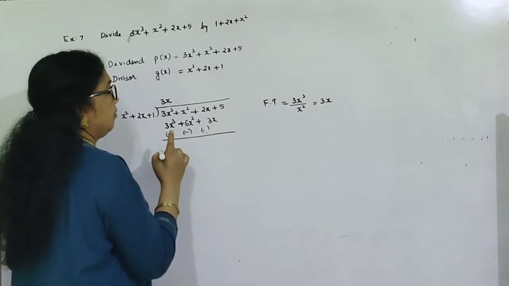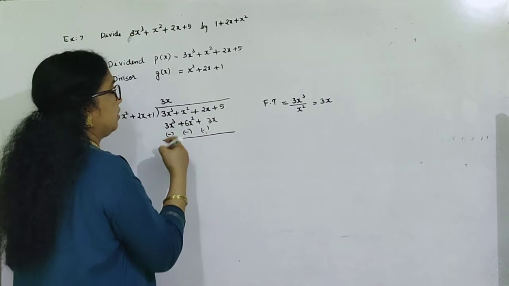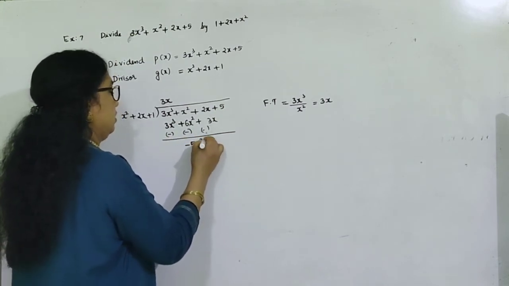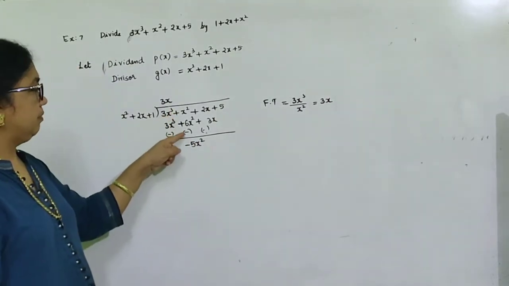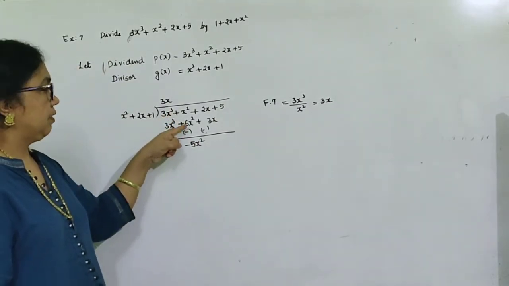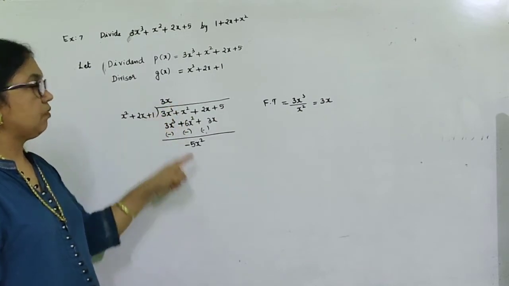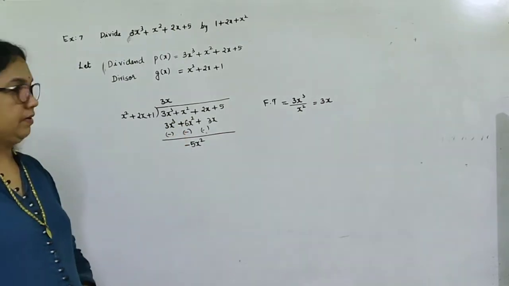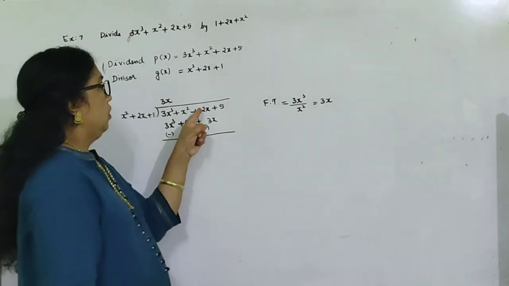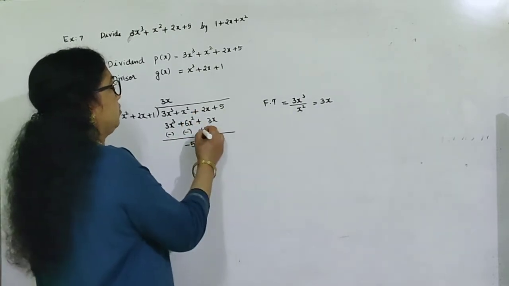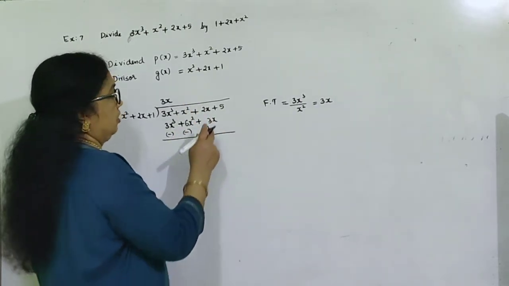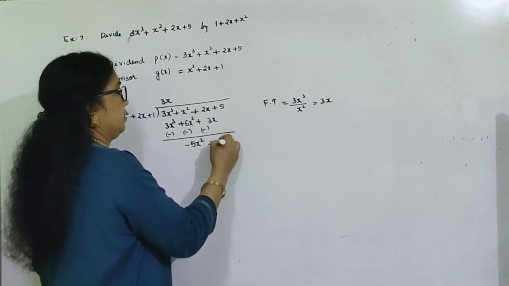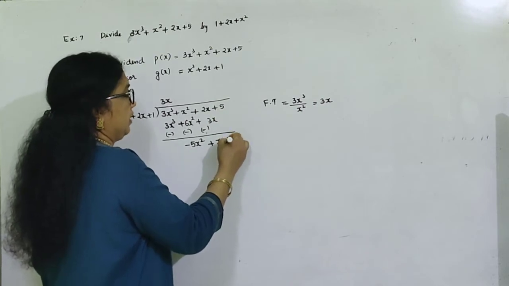Then you give the bigger number's sign. The bigger number is 5 only, its sign is minus, so minus 5x square. Now next, plus 2x minus 3x, the sign is minus. Different signs, subtraction: 3x minus 2x, 1x. The bigger number is plus, so plus x. Now one term remains, right here.